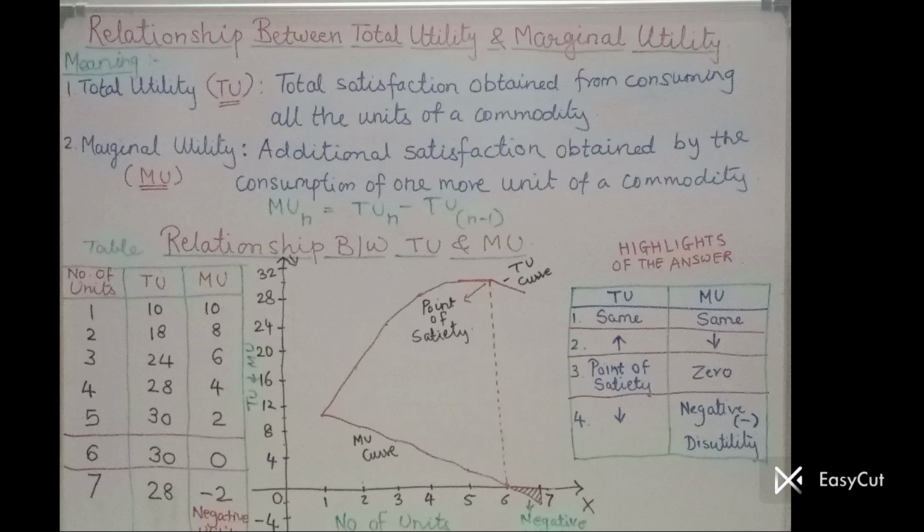Then there is a point of satiety at which the consumer experiences the maximum amount of satisfaction and MU becomes 0. Then change your paragraph. If any consumer continues the consumption, then he will experience negative utility or disutility and TU starts falling. So that's it, your explanation of the relationship between total utility and marginal utility.